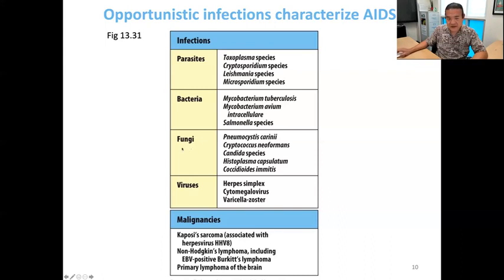Different types of fungal infections, for example, yeast infections, like Candida, or other types of normal fungi, like even athlete's foot, things like that, can actually pose a tremendous threat to an AIDS patient. And viruses.